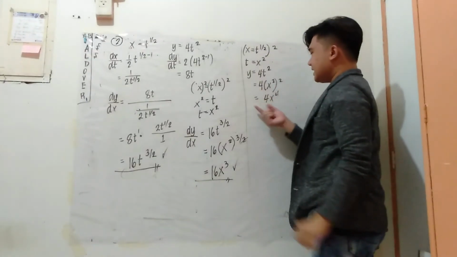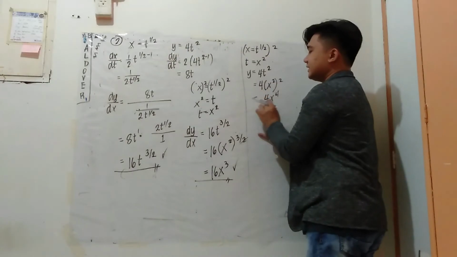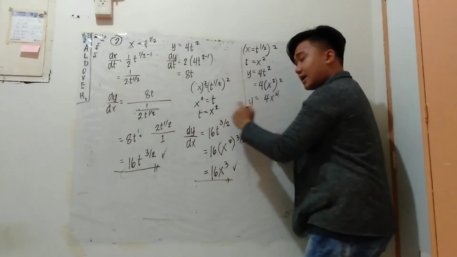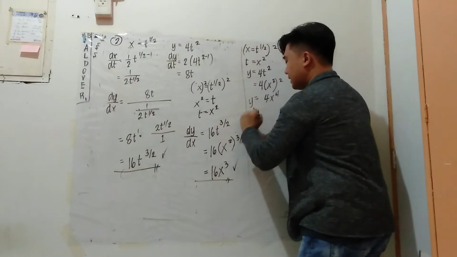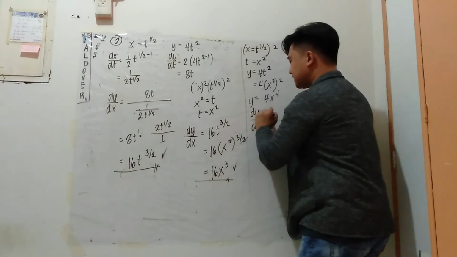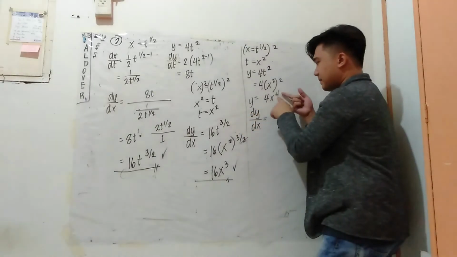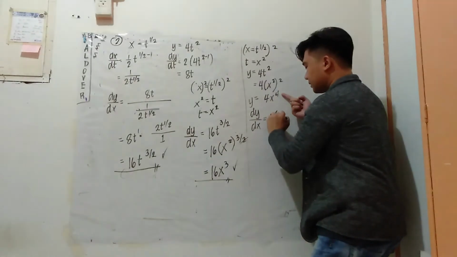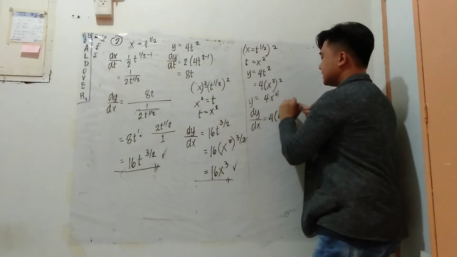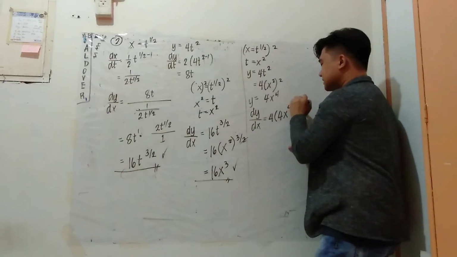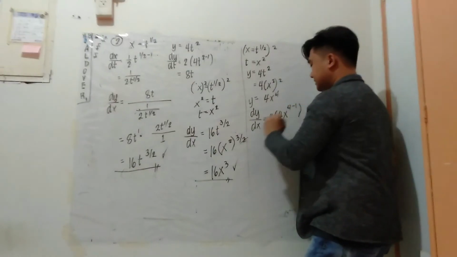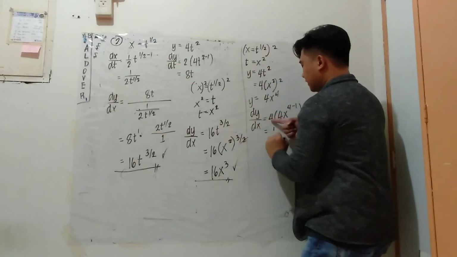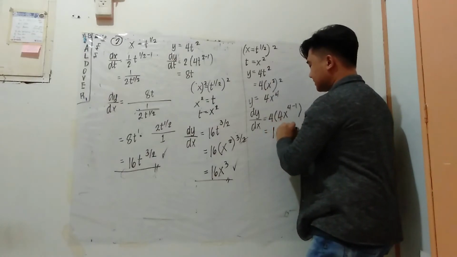And as you can see, I can already differentiate y with respect to x. So dy, or derivative of y with respect to x, is bababa sa exponent na 4 times 4x. Dahil bumaba si 4, bawasan ko ng isa. So this is equal to 4 times 4, 16x cubed.